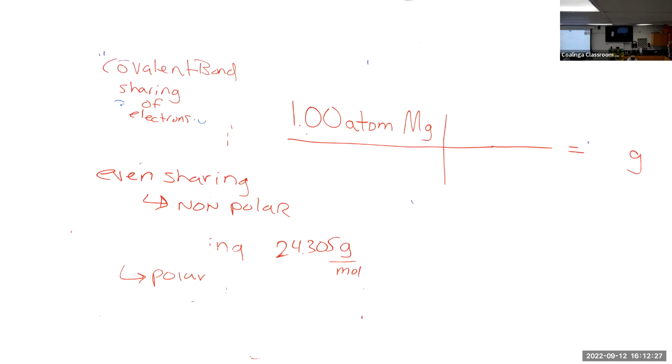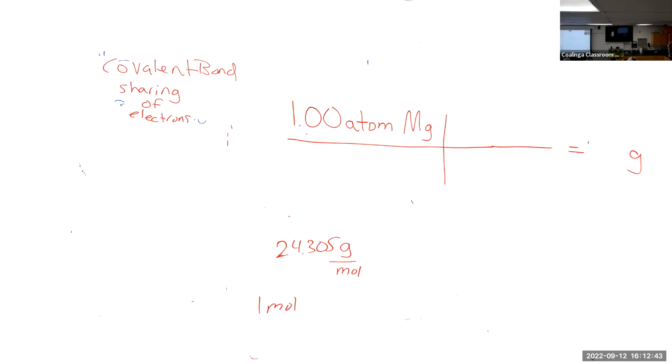Okay, so that's grams per mole, but this is atoms. So what do I know about atoms? Is there a conversion for atoms that we know? 1 mole equals 6.022 times 10 to the power of 23. And that would be 1 mole of atoms, right?